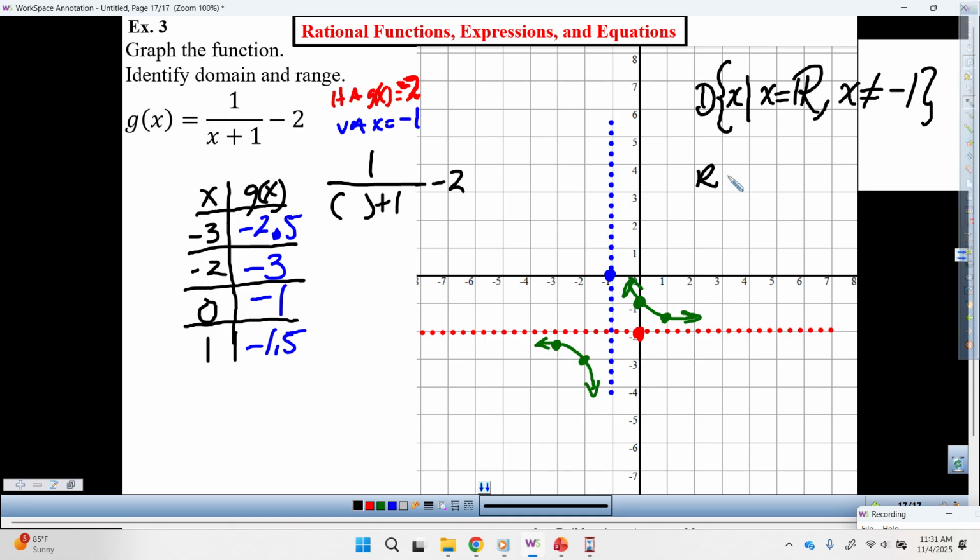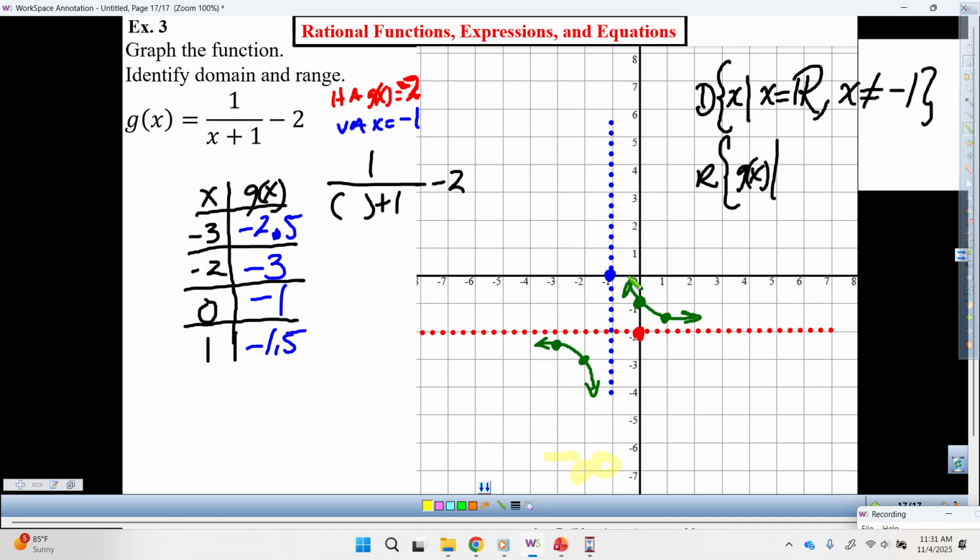All right, let's go to the range. Range. We write g of x such that. So now the range, starting from the bottom. So look up. This arrow down here keeps going to what values down here? To negative infinity. Is that correct? And this one keeps going upward to positive infinity. So which values can I use for y?